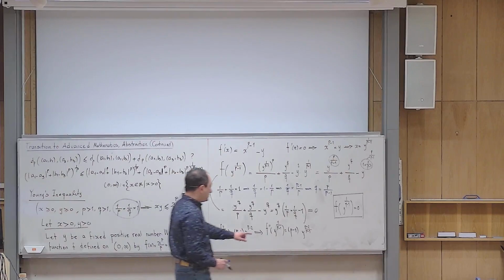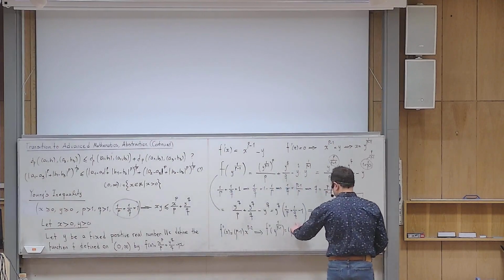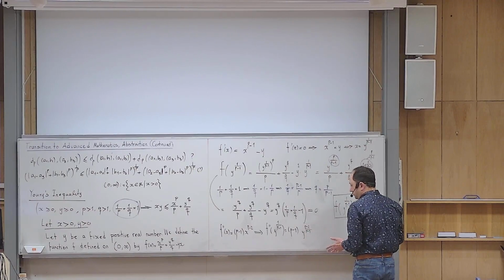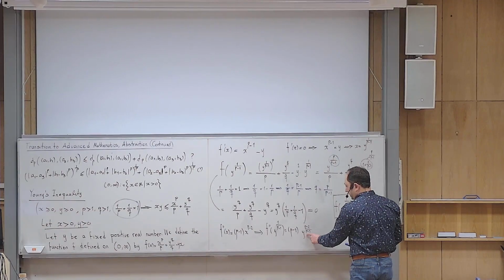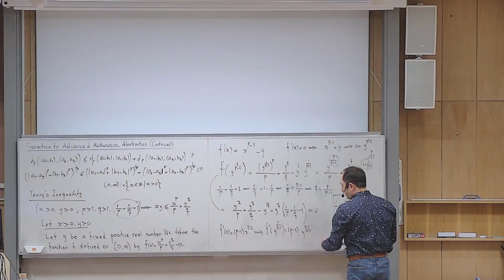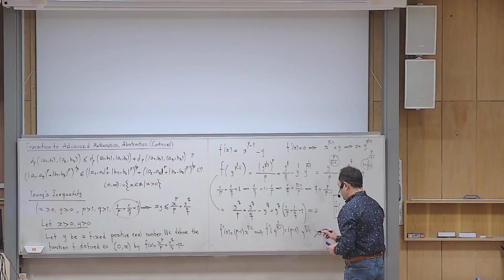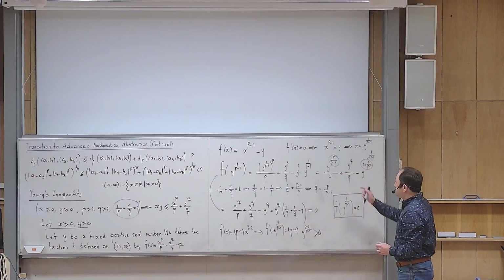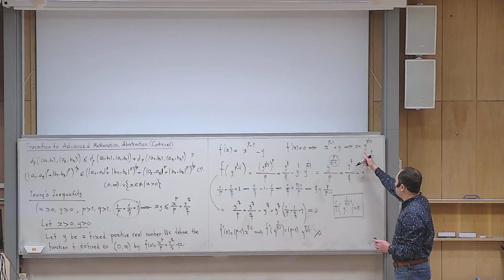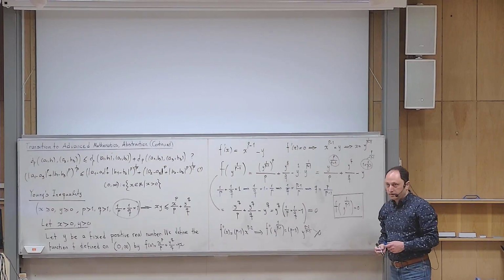It might happen that the exponent is negative, but that doesn't matter because y is positive. Even if the exponent is negative, this combination is positive, and that combination is positive because p is greater than 1. So the first derivative is 0 and the second derivative is guaranteed to be positive. This means that this number is a local minimizer, not a maximizer.